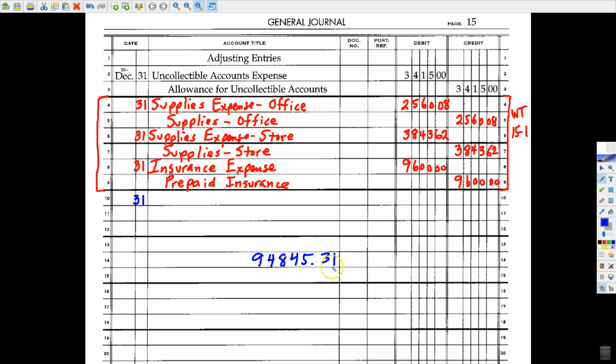So that activity that's happening all throughout the month hasn't affected this account called merchandise inventory. It's still where it was from the previous month at the end. So we've got to do an adjustment to reflect all of the activity that actually happened during the month in the form of purchases, that's adding, and sales, that's subtracting from our inventory.